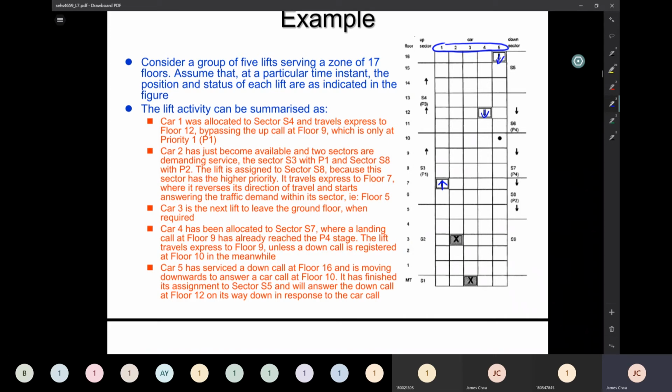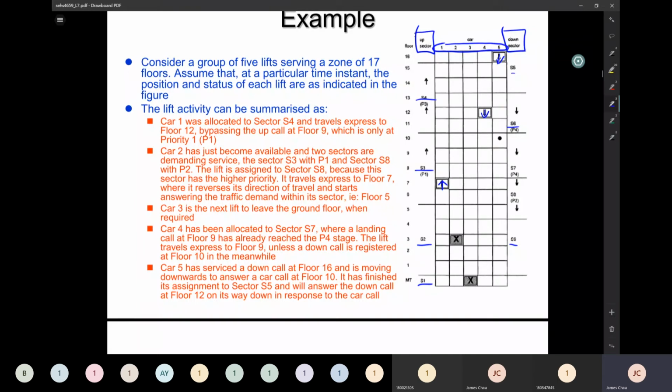According to the up and down sectors, we divide into two groups, up call or down call. They belong to different sectors. And in each sector, we divide into subsectors: S1, S2, S3, S4, S5, S6. Now, S1 to S4 belong to the up sector, and S5 to S9 belong to the down sector.